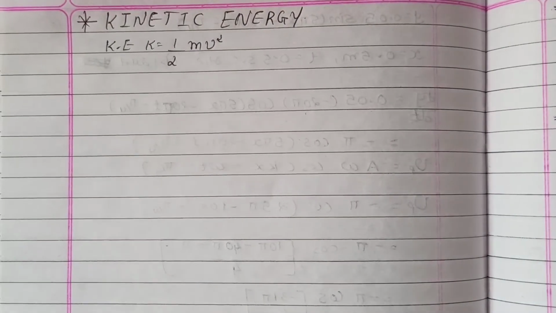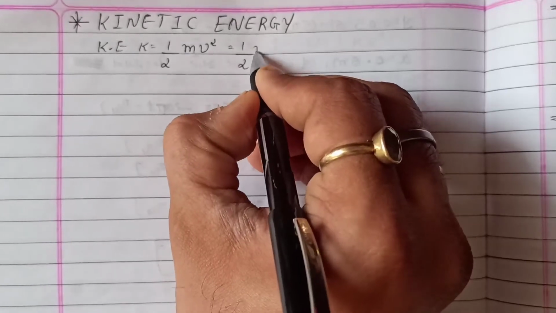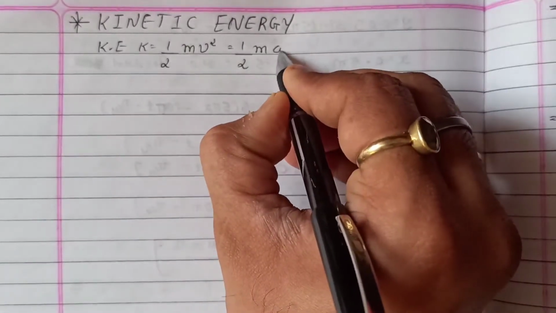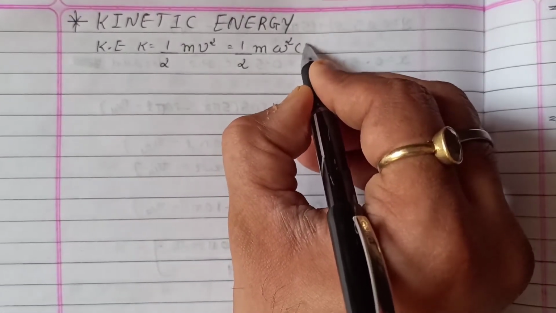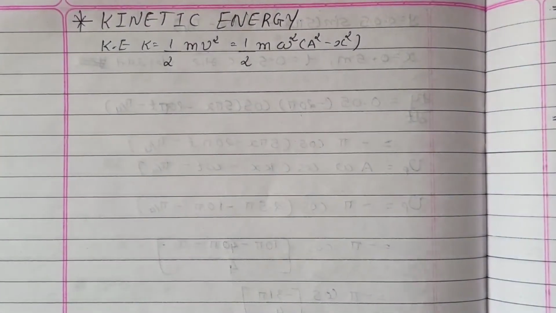It is a well-known equation, 1/2 m v square, and we can write it as 1/2 m omega square (a square minus x square). This is an important equation.